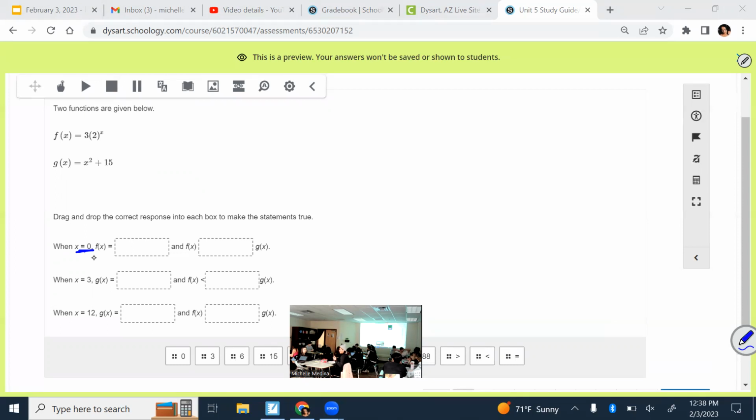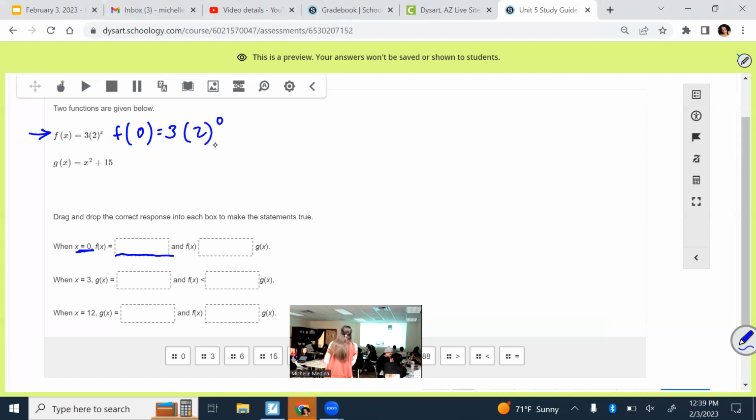Well, what is the blank attached to? So in this function, f of x, anywhere that there is an x, it wants it to be what, class? A 0, because it says when x equals 0.